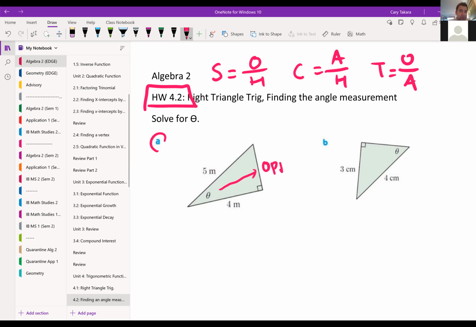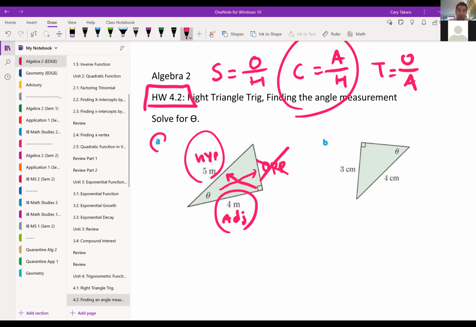Opposite, hypotenuse, and adjacent. Yeah, that would be good. Let's round off the answer to the tenth place. There's nothing on opposite. It's a hypotenuse and adjacent combination. That's gonna be cosine, right?